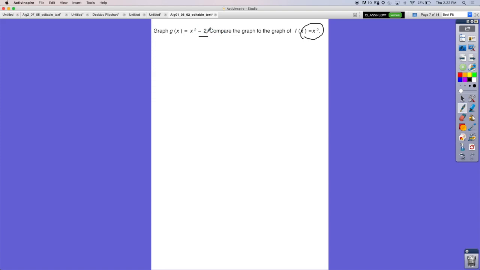It's -2. So when you write down the change, it is a vertical translation two units in which direction? Up? Down? -2 means 2 units down.